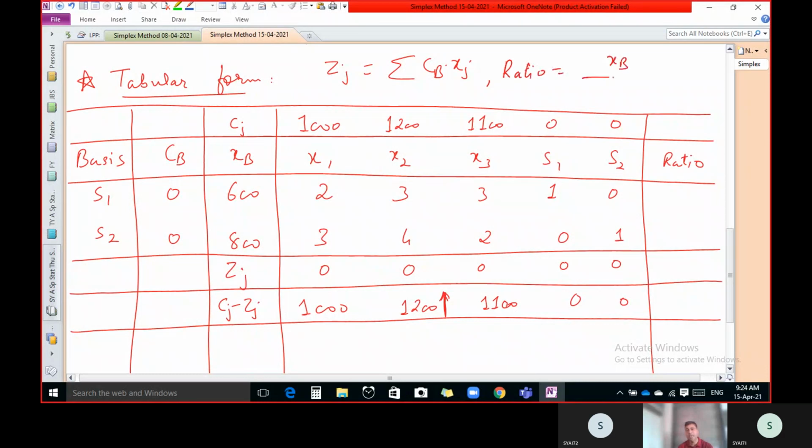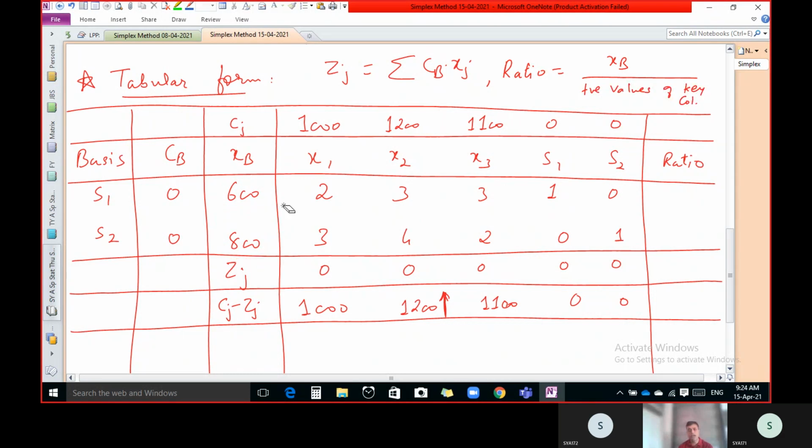The formula is xb, which means this one, divided by the values of the key column. The key column means this one. So the ratio is nothing but xb divided by the positive value of the key column.